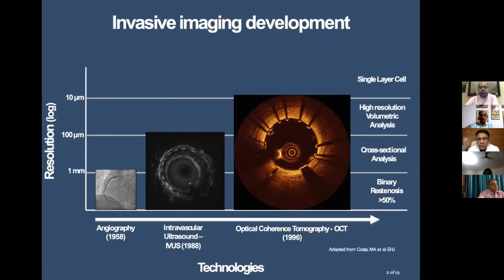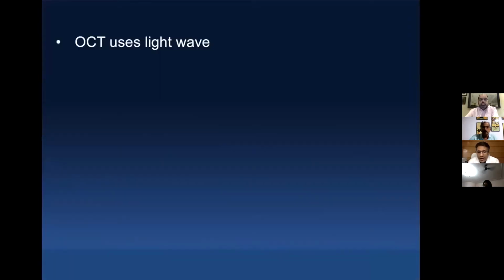Short of doing a histopathology, inside the cath lab I call this an optical histopathology, which you can do in a patient who is alive and healthy, and you can take instant decisions on the table. Unlike IVUS, OCT uses light waves.